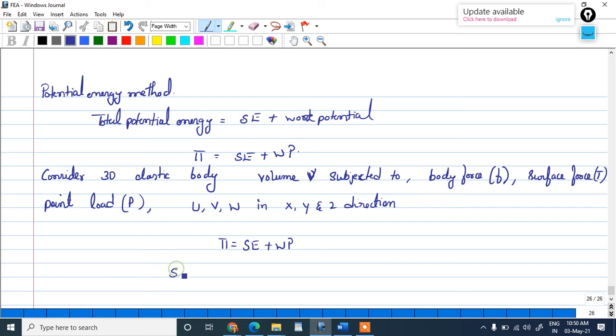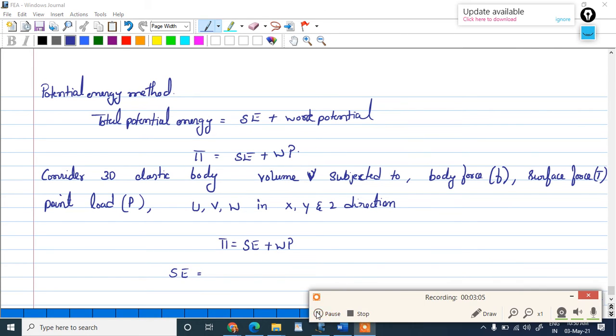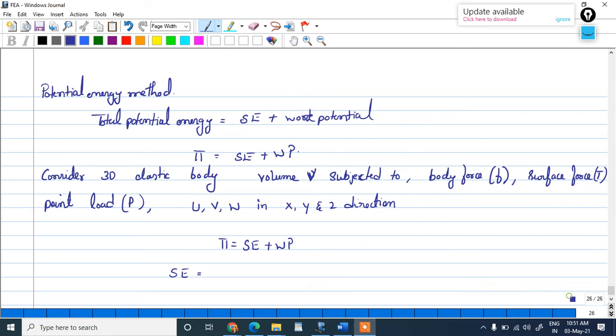The strain energy is given by the formula: half sigma transpose epsilon dV.